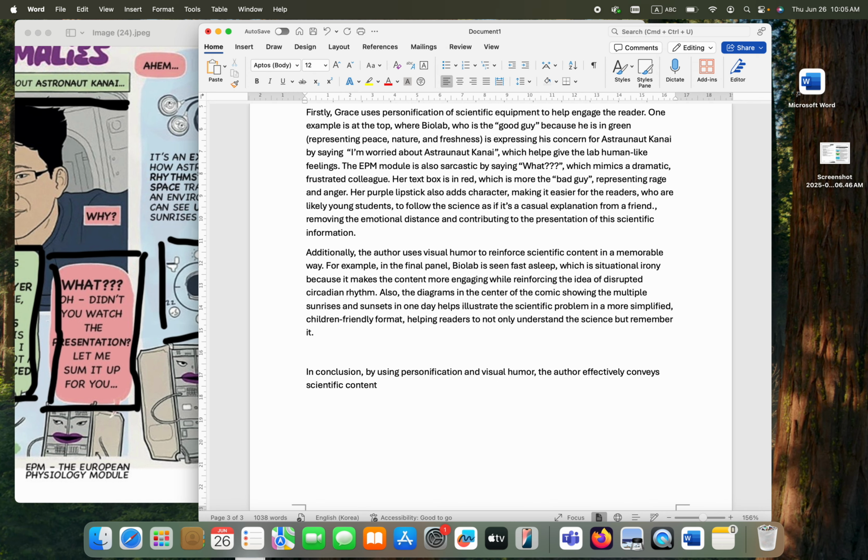Yep. So maybe just one more sentence. So rather than overwhelming the audience with data, Grace invites them to learn through storytelling. Which is exactly what makes this text so effective.